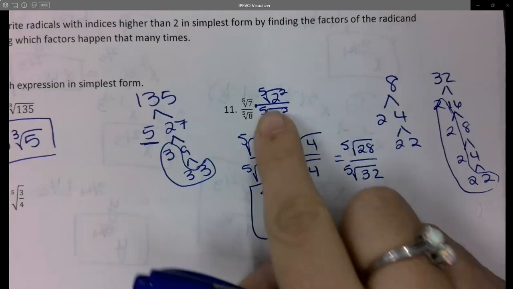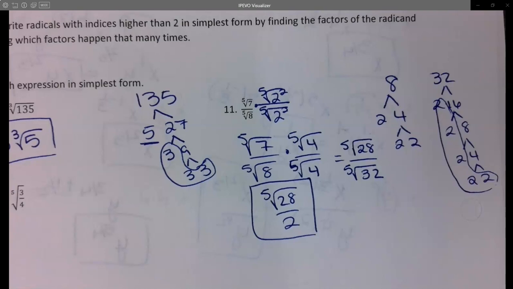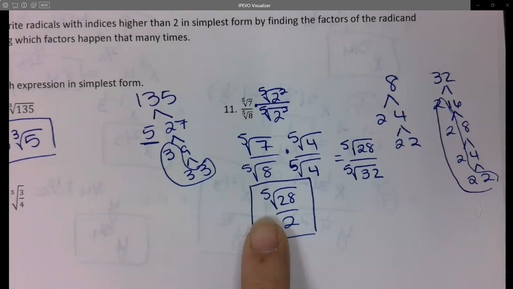Oh, no, I was just rewriting it. Because this right here, yeah, because it's inside the 5th root. So this one doesn't have a 5th root, so I can't divide. Only when they have the same symbol up front.